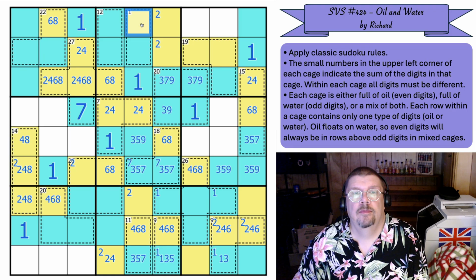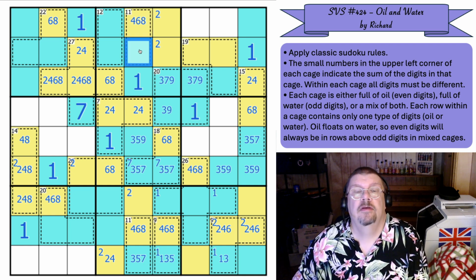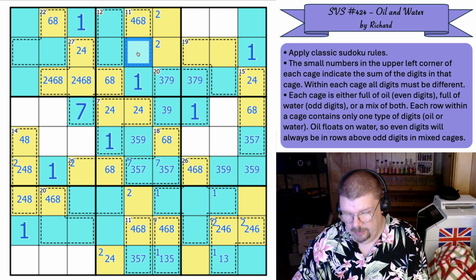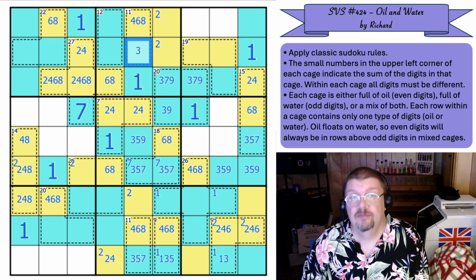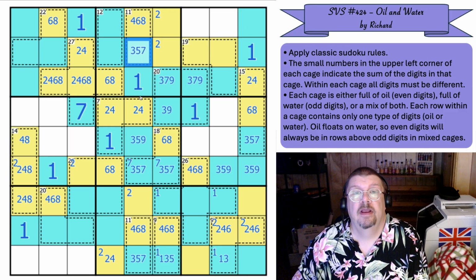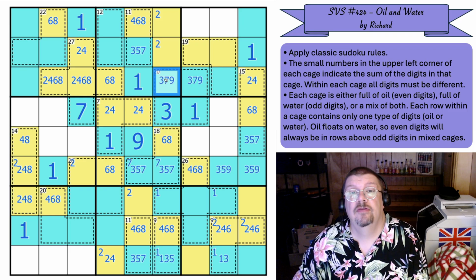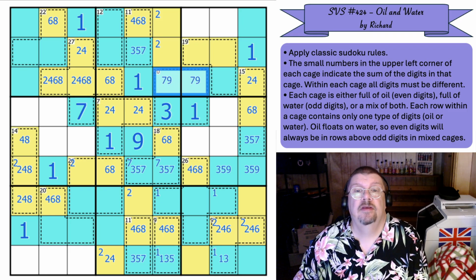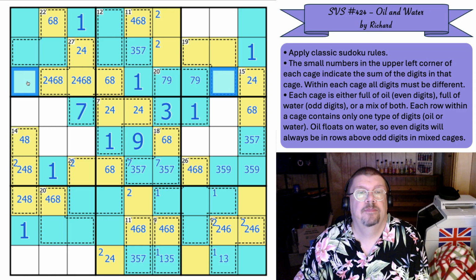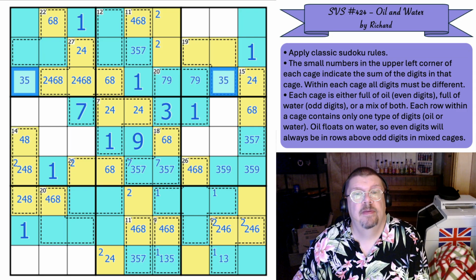So this is 4, 6, or 8. 8 plus 3, 6 plus 5, 4 plus 7. That gives me a 3, 5, 7 triple in the column, which makes that 9. That becomes a 3. That's a 7, 9 pair. That is a 3, 5 pair.